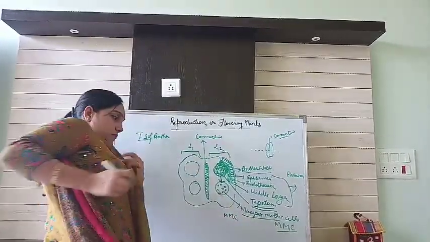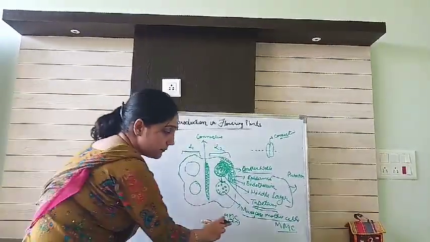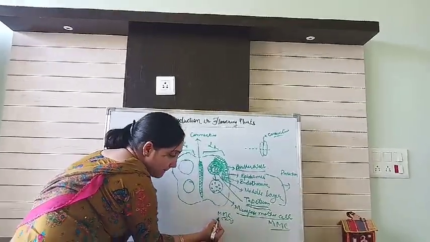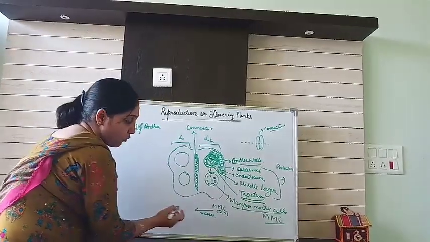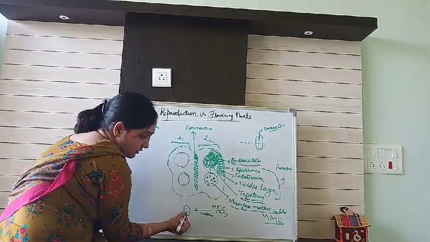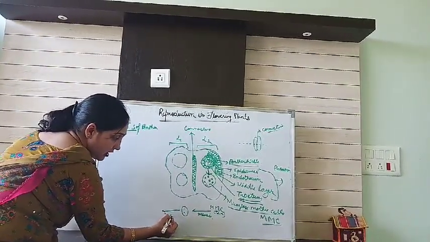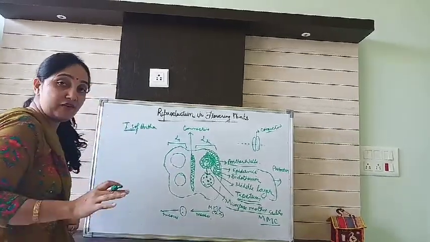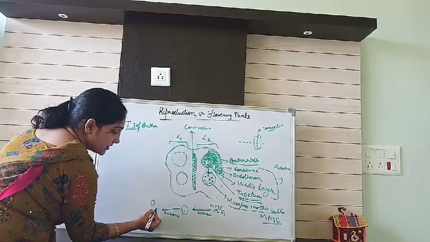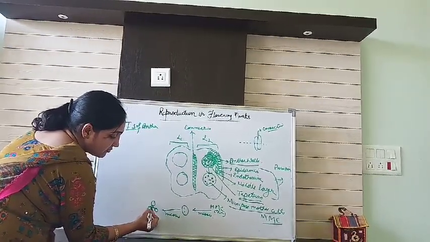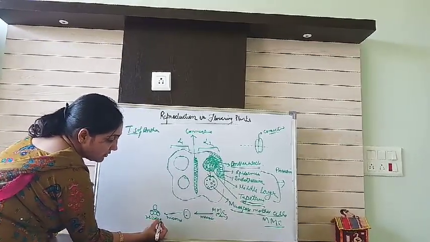MMCs are diploid in nature. Now the MMC follows meiosis. When they go through two meiotic divisions, we find the cells finally arranged in a tetrad. We call it a microspore tetrad.